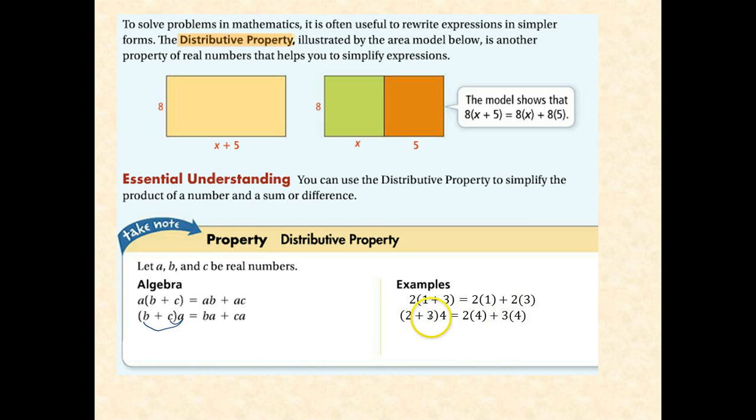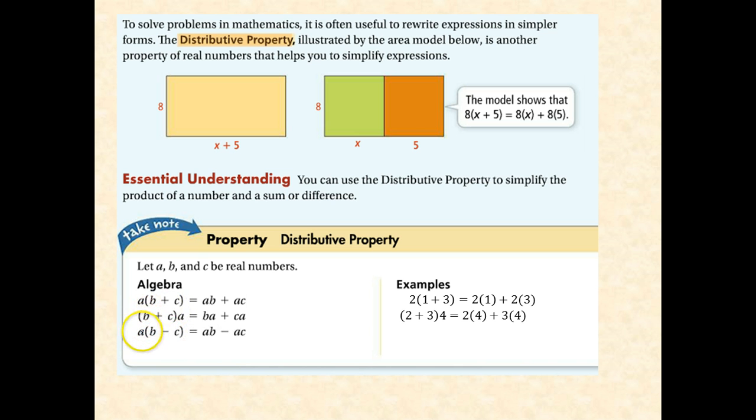Let's find out. 2 plus 3 is 5, and 5 times 4 is 20. So this side is equal to 20. Then over here, 2 times 4 is 8, plus 3 times 4 is 12, and what do you know? They both equal 20. Isn't that neato? Gee, Mr. Recorder, that's real neat.